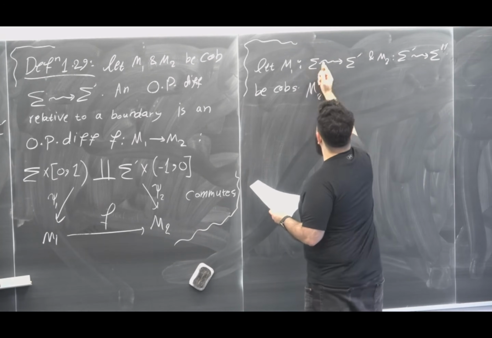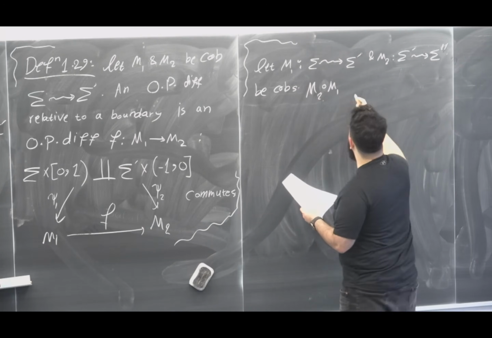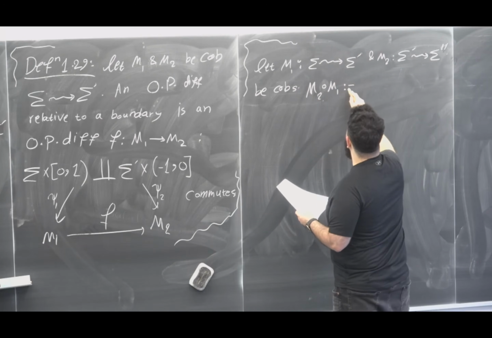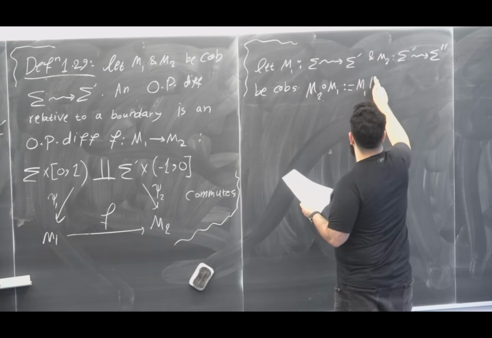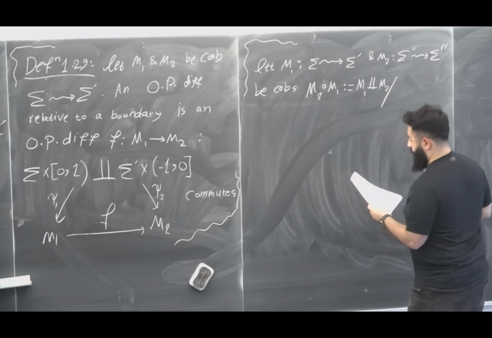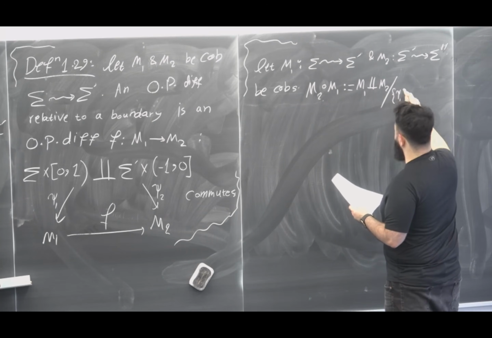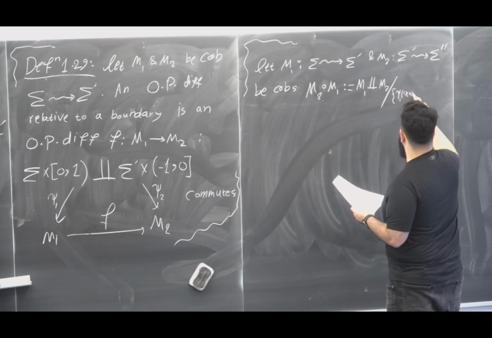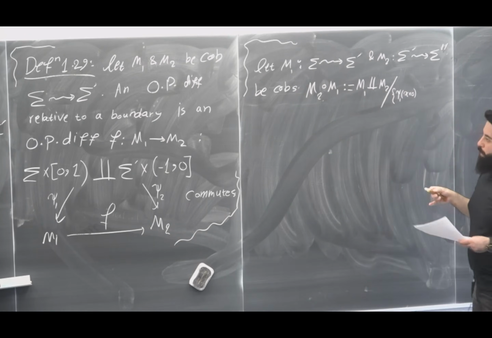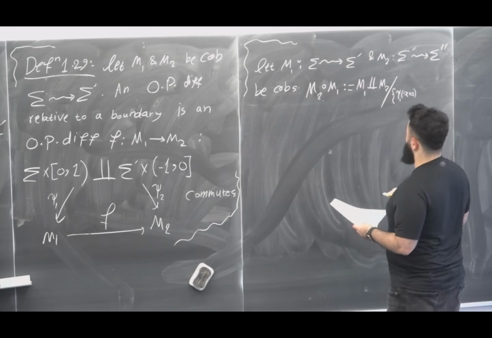M2 composed with M1 is the disjoint union of these, but then we glue them together in this way. So our first diffeo applied to the point x Cartesian product 0, where time one in our unit interval is 0.